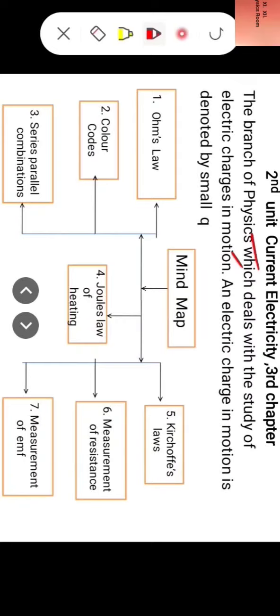Now, the mind map of the unit, how we are going to learn this unit. There are 7 big topics.